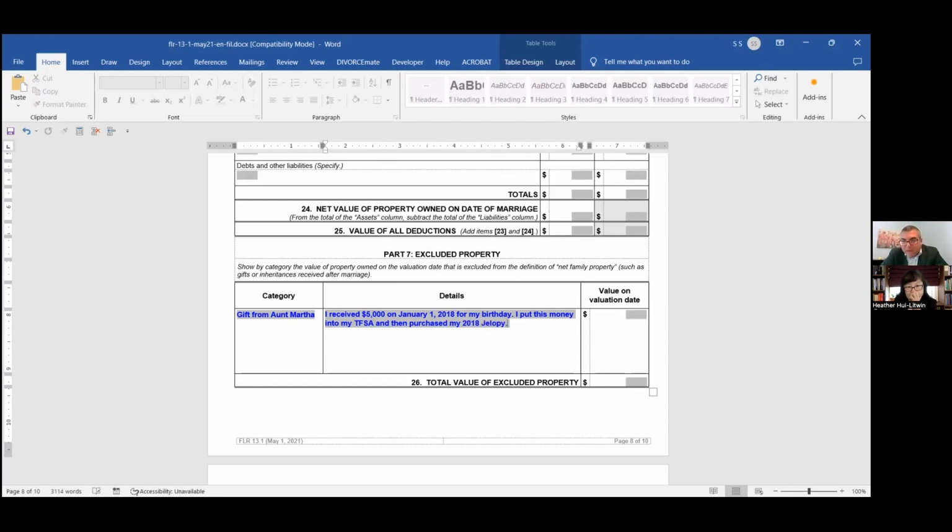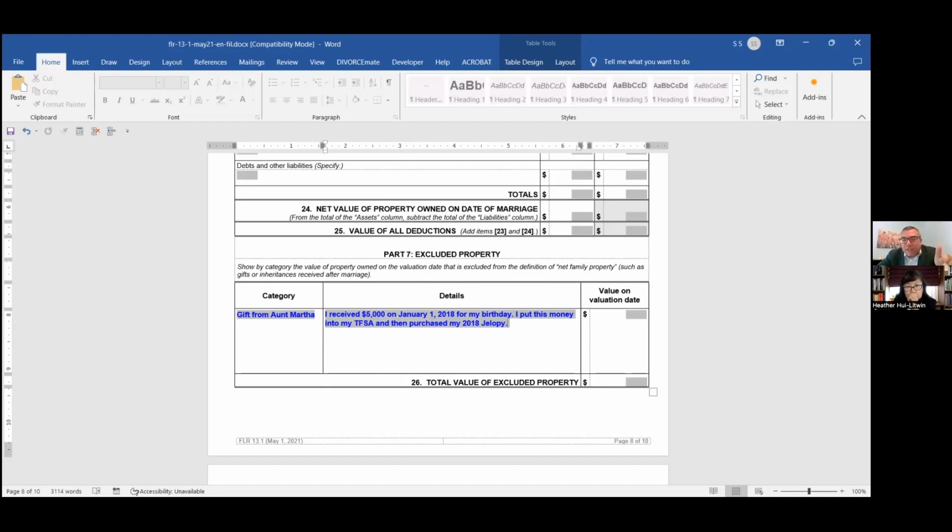Now that's already formulating your tracing. If you think about it, you received the money during the marriage from a third party, right? And where did you put this money? You put it into the TFSA. So now you can find the bank statements. There might be that $2,000 existing in the TFSA, so we may have that issue, but let's say we don't have that issue.